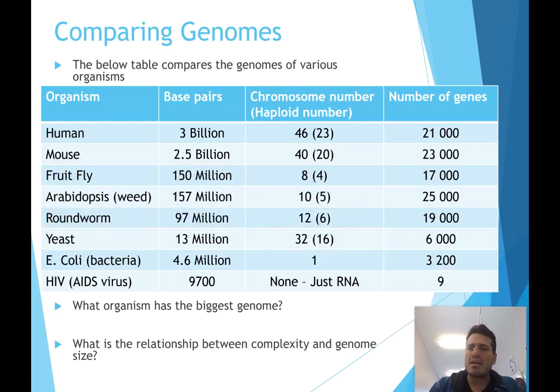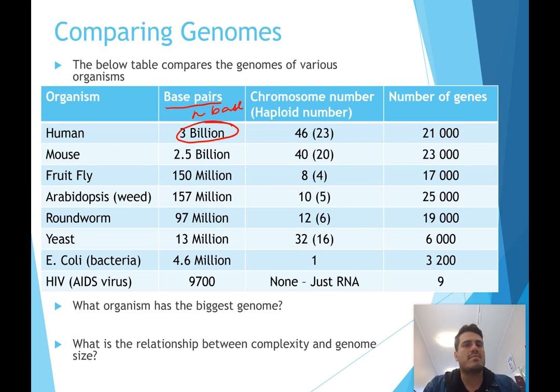And we can actually compare genomes of organisms, and this gives us a lot of information. So, for example, have a look at this table. Within this table, which organism has the biggest genome? Well, it depends. If you're talking about simply the number of base pairs, the nitrogenous bases, then us humans, we have the biggest genome in this table.